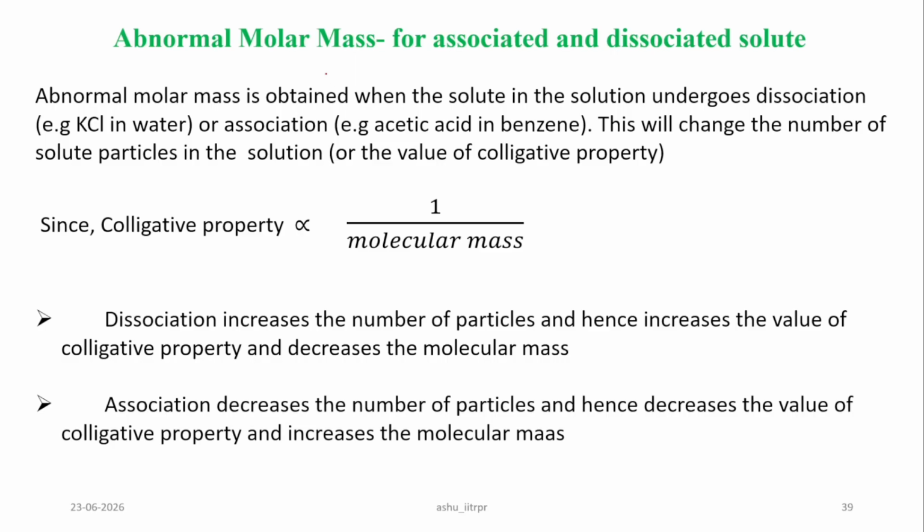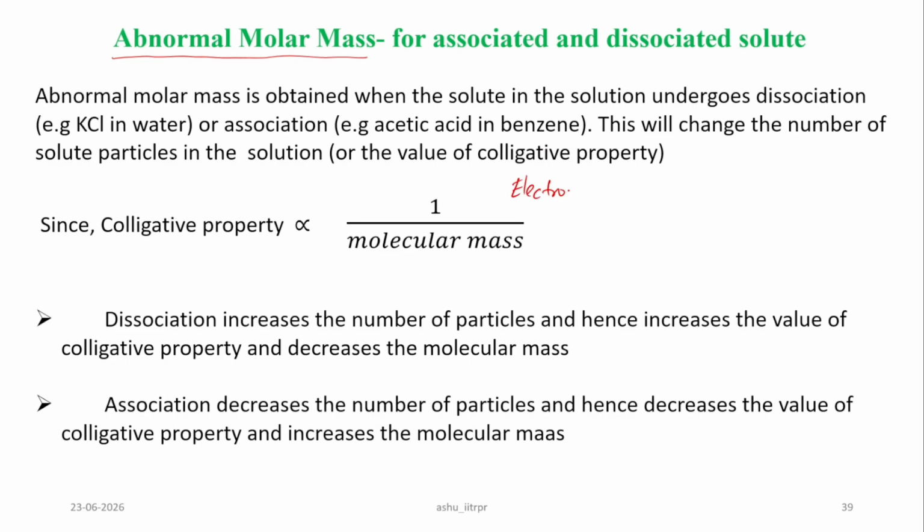The very first thing is Van 't Hoff factor arises because of abnormal molar mass. Abnormal molar mass means the molar mass of electrolytes changes. So the very first thing is, what are electrolytes?